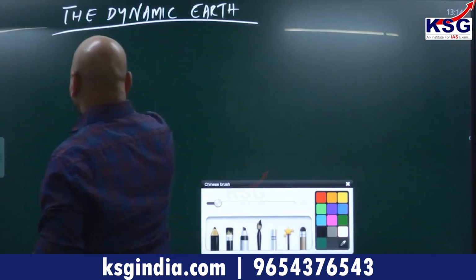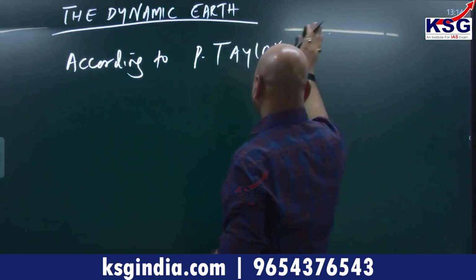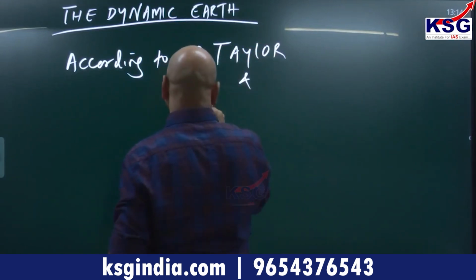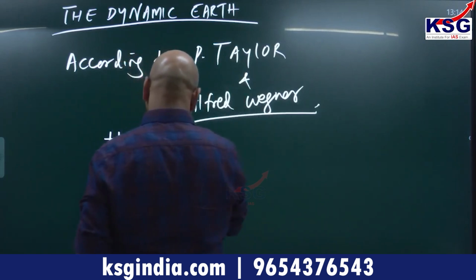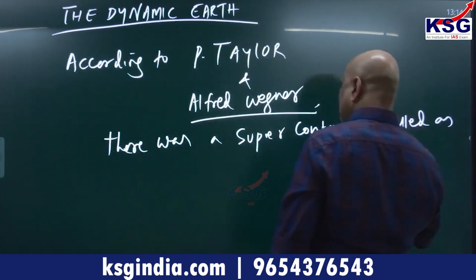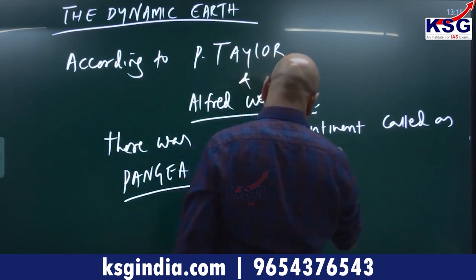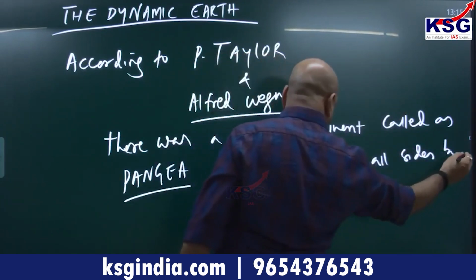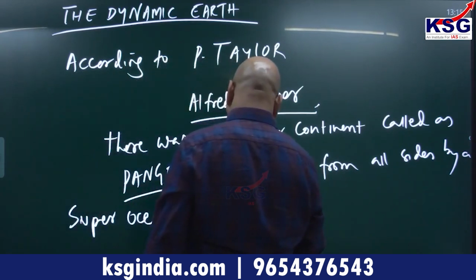First, I would like to tell you, according to P. Taylor and Alfred Wegener, there was a supercontinent called Pangea, surrounded from all sides by a super ocean, Panthalassa.